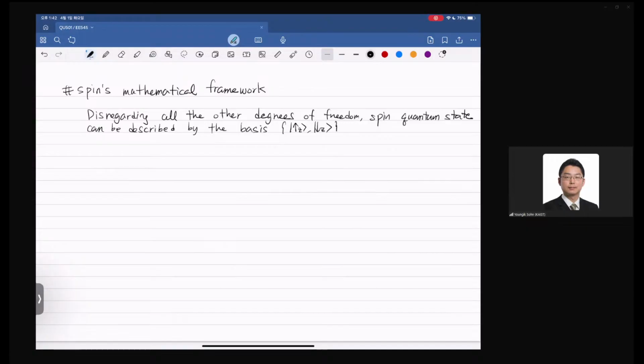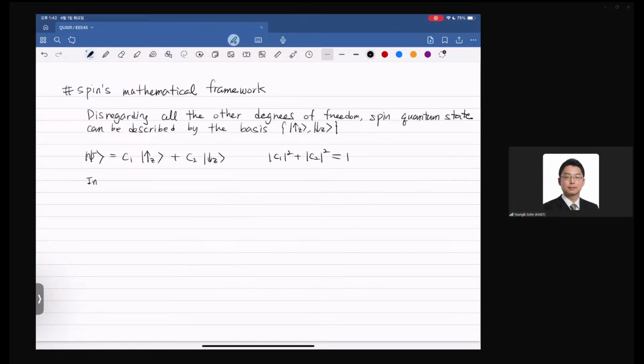It's finite, only two dimensional. So any quantum state in terms of spin is basically expressed as this, and of course it needs to be normalized as usual.